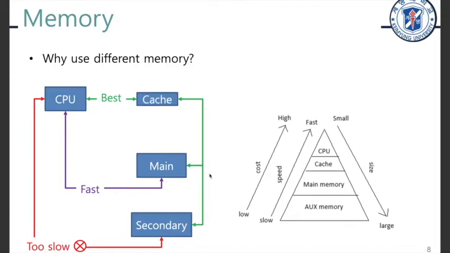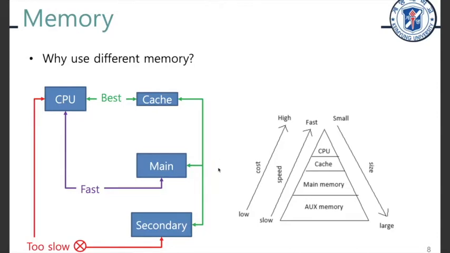So imagine you have 5 programs. You have Microsoft Word, you have Google Chrome, you have KakaoTalk, you have an Internet Browser, and one other program. So when you use KakaoTalk, then KakaoTalk is loaded into the main memory, and then each instruction from KakaoTalk is loaded into the cache and then executed by the CPU.